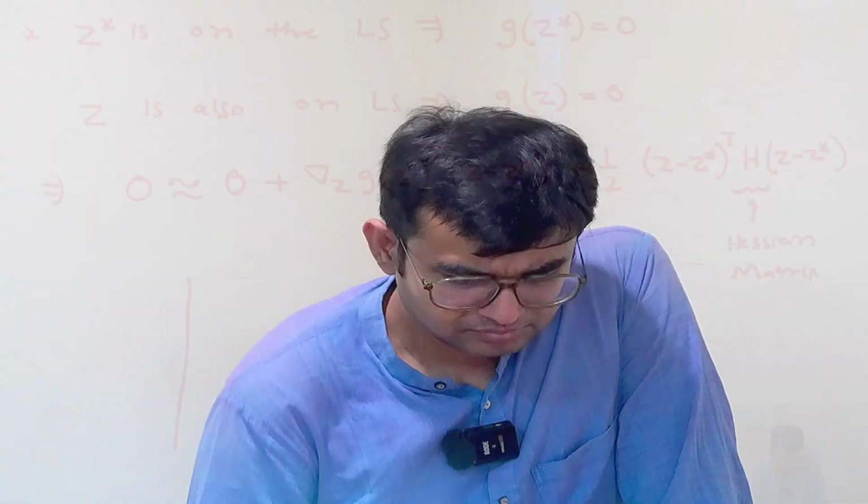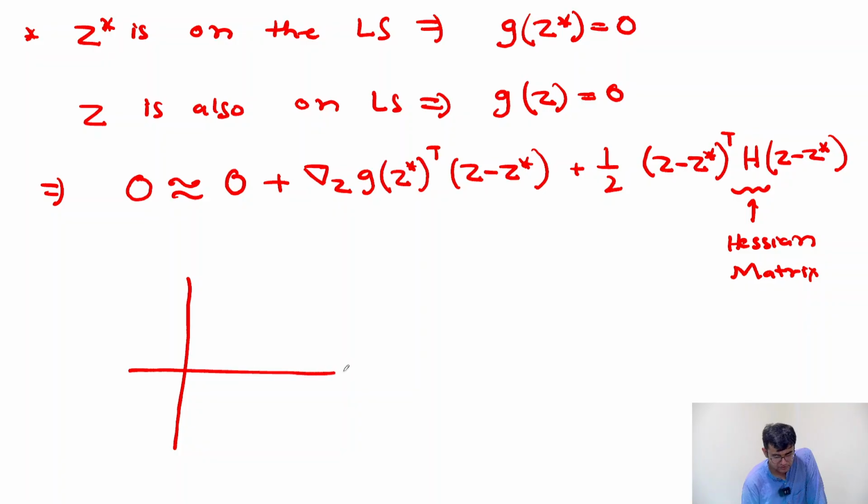So now we are going to do some variable transformation. Okay, let us see what we are going to do. So how was our limit state function? Let's assume that my limit state function was something like this.